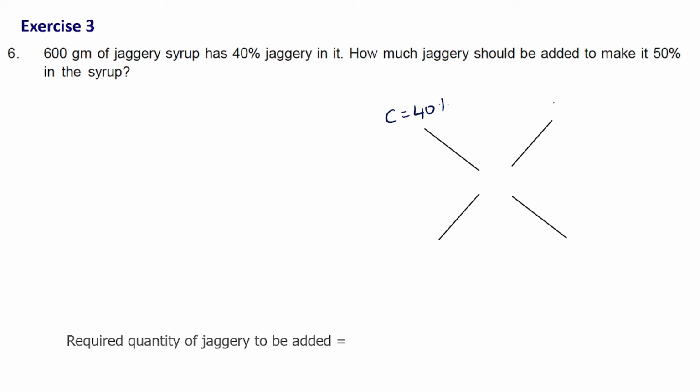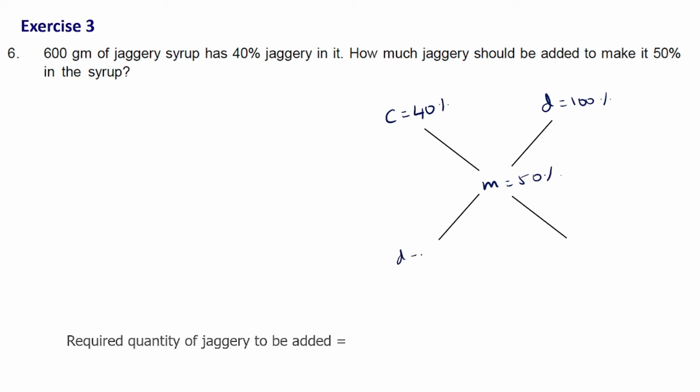Then here we have D as 100%. So if we have to add jaggery to make it 50% in the syrup, then we have to add total jaggery. So it means D is 100%, and we need to make a syrup which is 50% concentration. So M is 50.